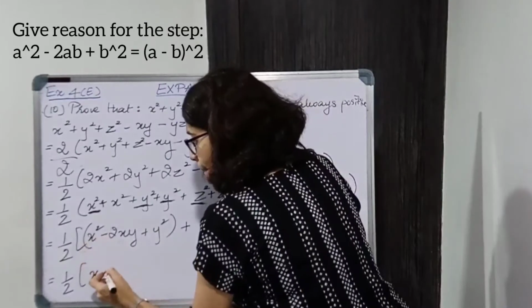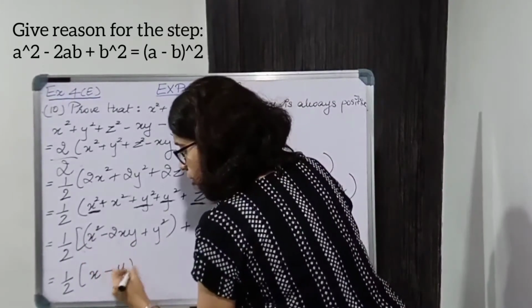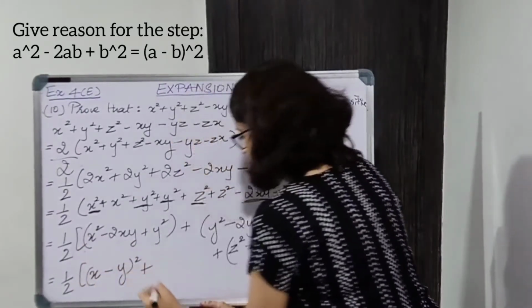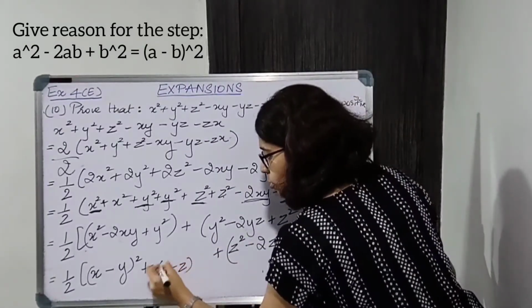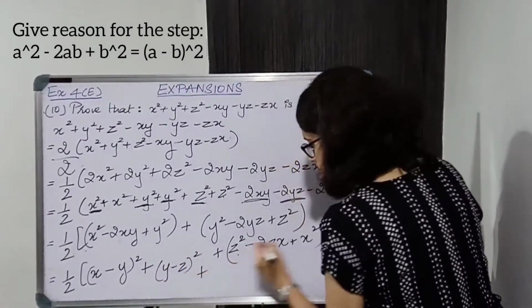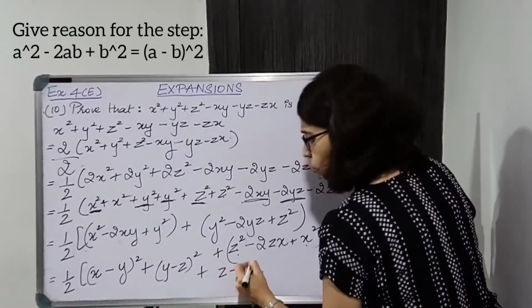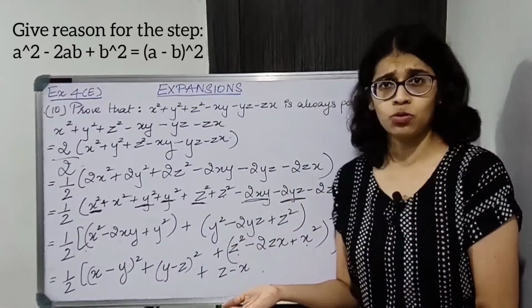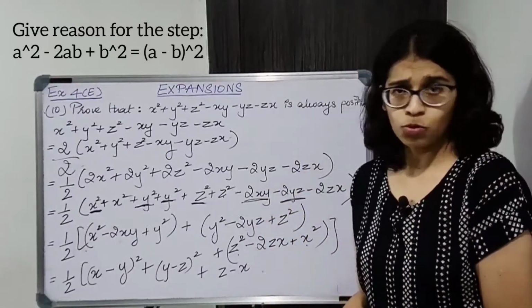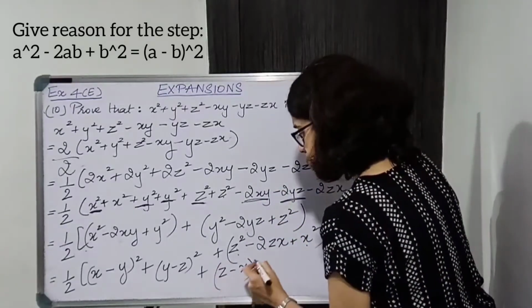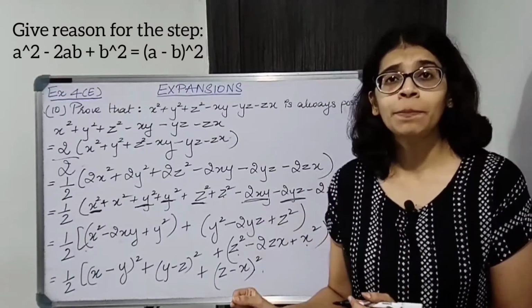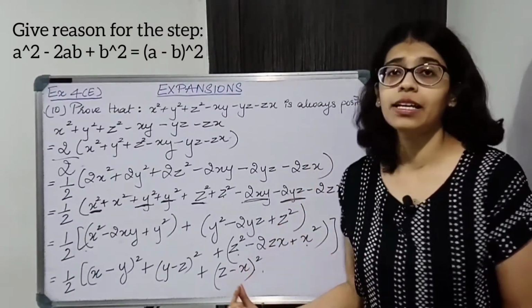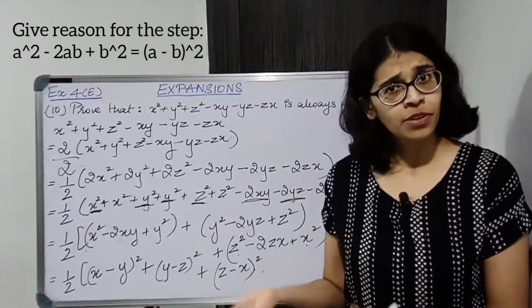So a minus b the whole square plus a minus b the whole square, so y minus z the whole square, plus z minus x the whole square. You can also write it as x minus z the whole square. It does not matter, students. It is getting squared eventually. So on squaring, automatically the sign will become positive.